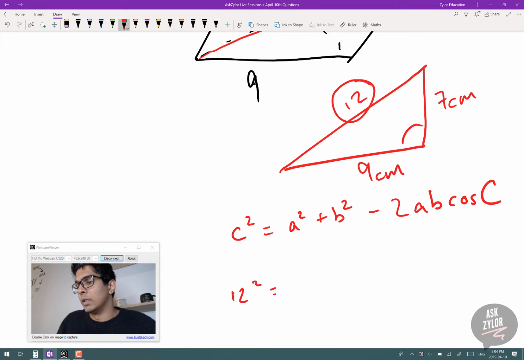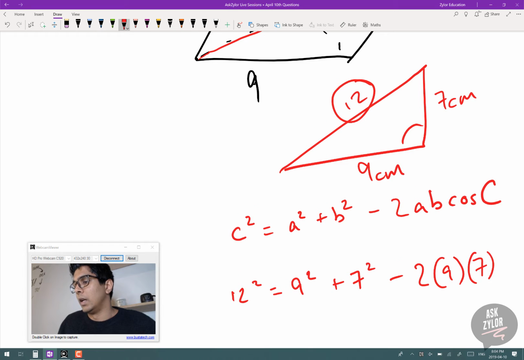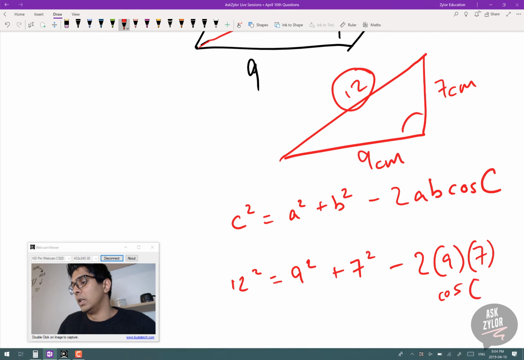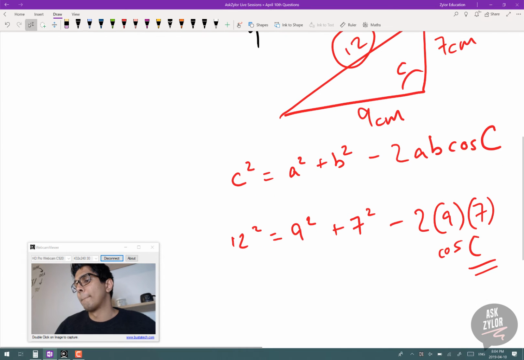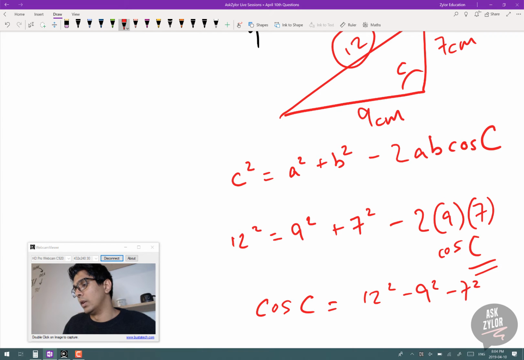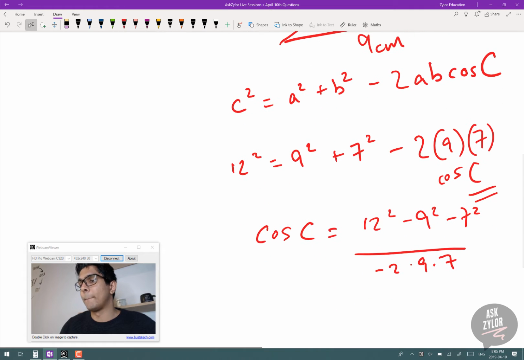So then 12 squared is equal to 9 squared plus 7 squared minus 2 times 9 times 7 times cos of C, which is the angle I'm trying to find. When I rearrange, I end up with cos C is equal to 12 squared minus 9 squared minus 7 squared, divided by negative 2 times 9 times 7.